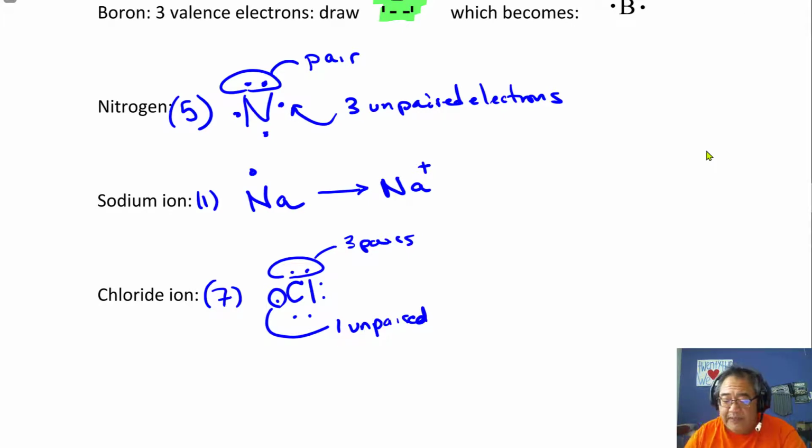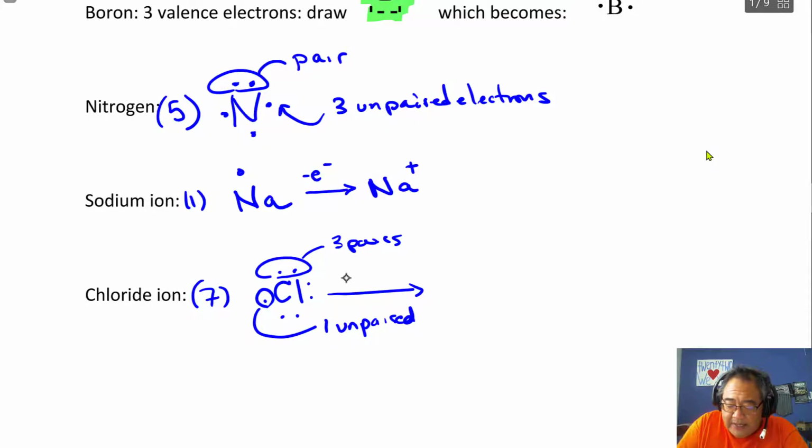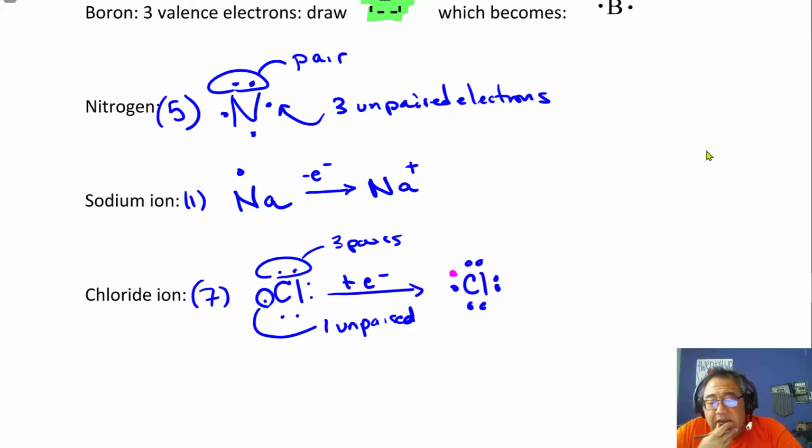Now for chlorine, if I wanted to make, for example, a chloride ion, then I have to add an electron. So on sodium, I subtracted an electron. On chlorine, I'm going to add an electron, and I'll end up getting it like this. I like drawing the last one as a different color. So think about that.